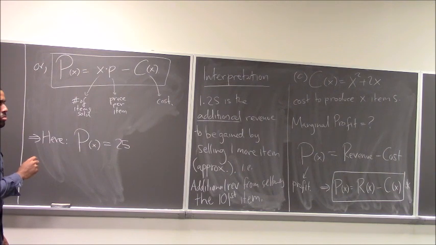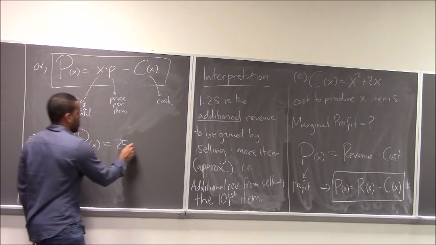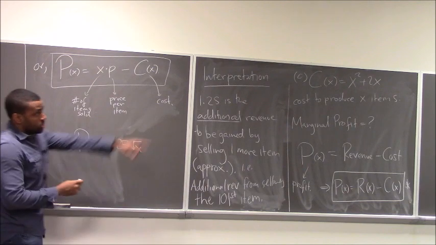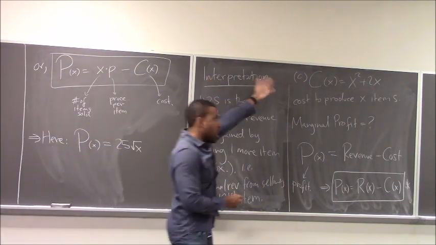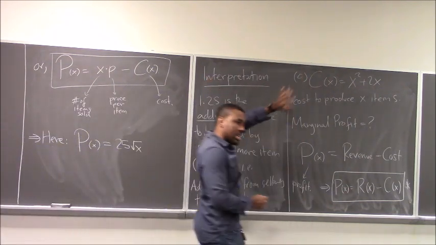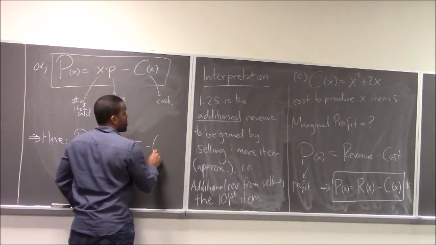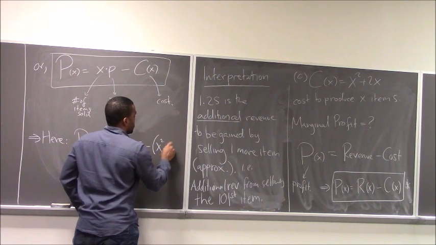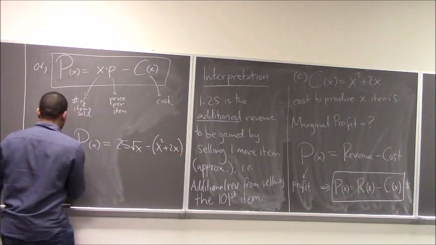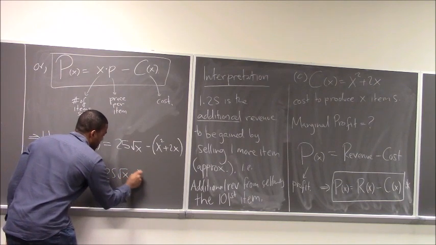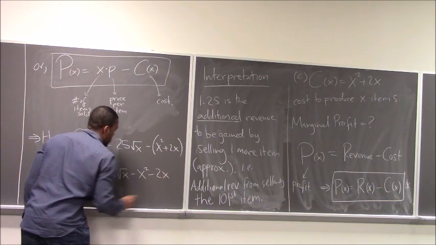Yeah. And the cost function is going to be the guy that's given. Like I said, there's no general formula for cost. That always has to be given to you or indicated somehow how to find it. So I'm going to subtract x squared plus 2x. In other words, here my P is equal to 25 radical x minus x squared minus 2x.